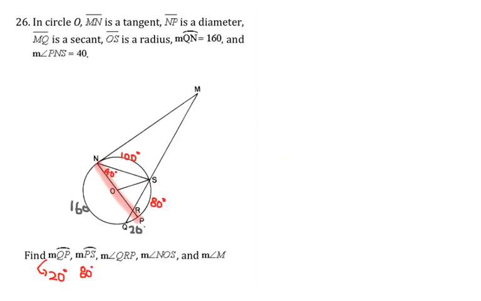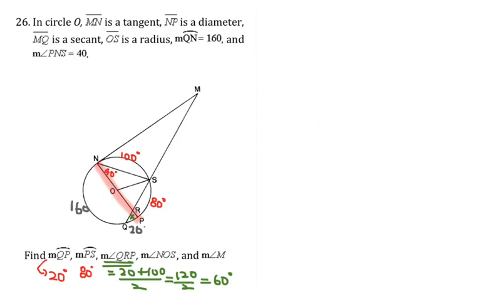How do you figure out angle QRP? Q is right over here, QRP. Let me call that X. We have to add up the opposing arcs, then we get 20 plus 100 divided by 2, which becomes 120 divided by 2, therefore we get 60.